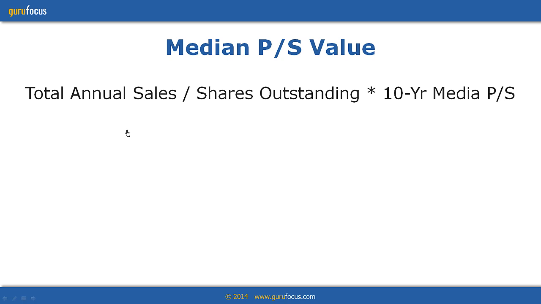This is the formula for that: total annual sales divided by shares outstanding, so you get sales per share, times the 10-year median price to sales figure. So it says, hey, right now they're doing $5 per share in sales. They generally trade at 3 times price to sales, so it should be worth about $15.